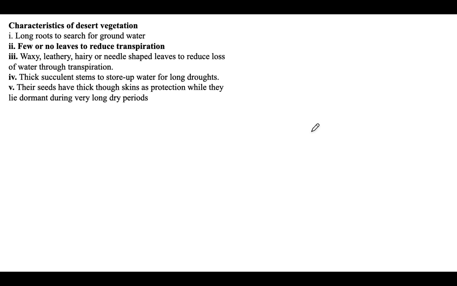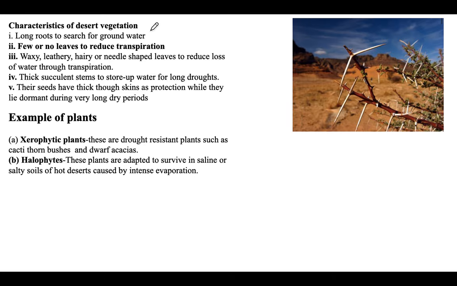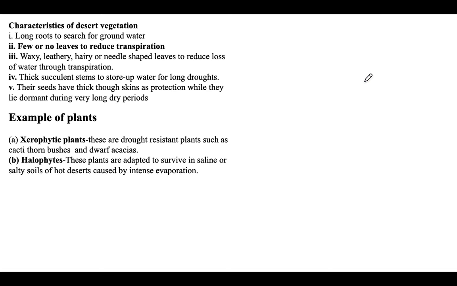And then on the other part, we have characteristics of the desert vegetation. If you look at desert vegetation, we have the thorn trees and so many others. The characteristics: they have long roots to search for groundwater, and few or no leaves to reduce transpiration.